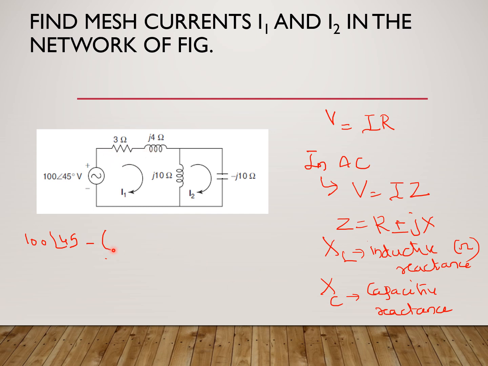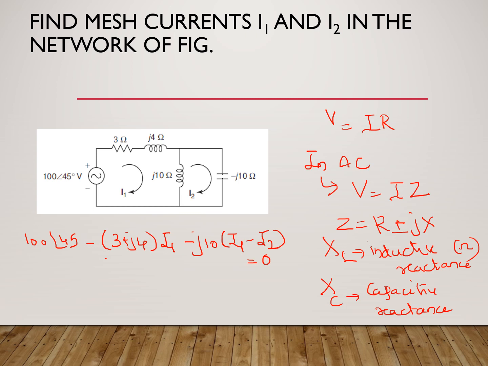So I'm going to be combining these two and writing it as 3 plus J4 into I1 minus of J10. Now J10 is common to both meshes 1 and 2, so it has an equivalent current of I1 minus I2. The remaining part remains the same. The only thing that is different is that we are writing in terms of the inductive and capacitive reactance.